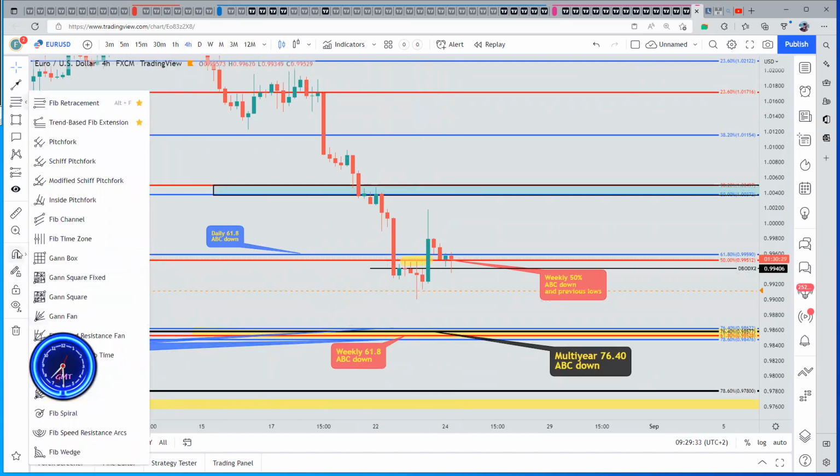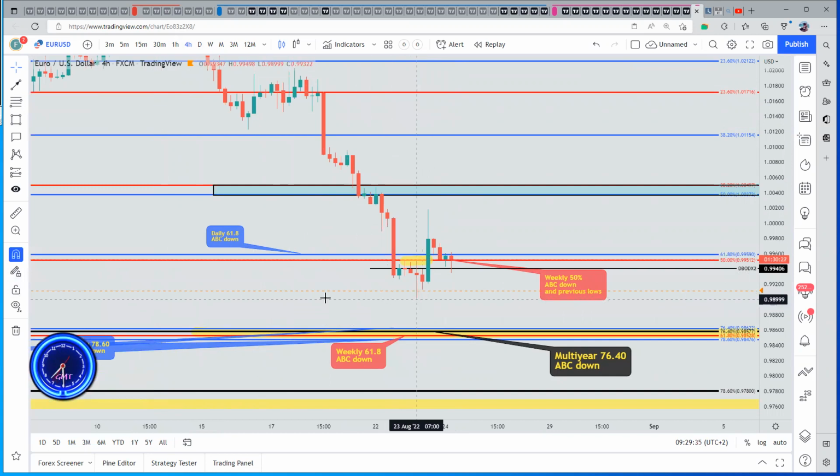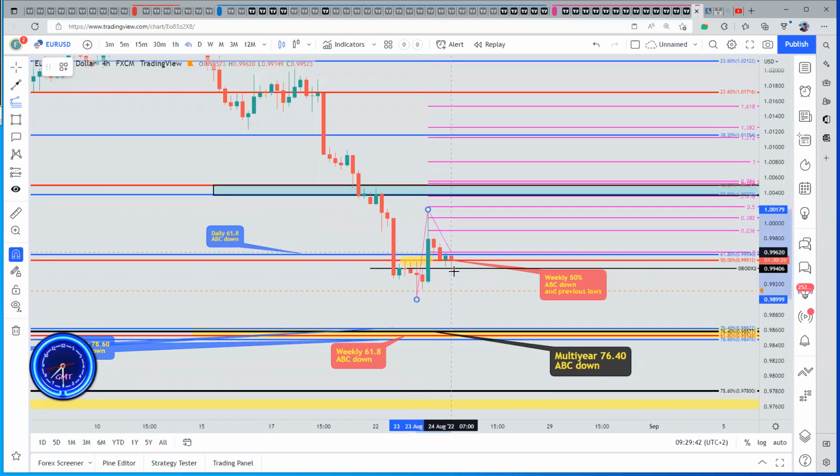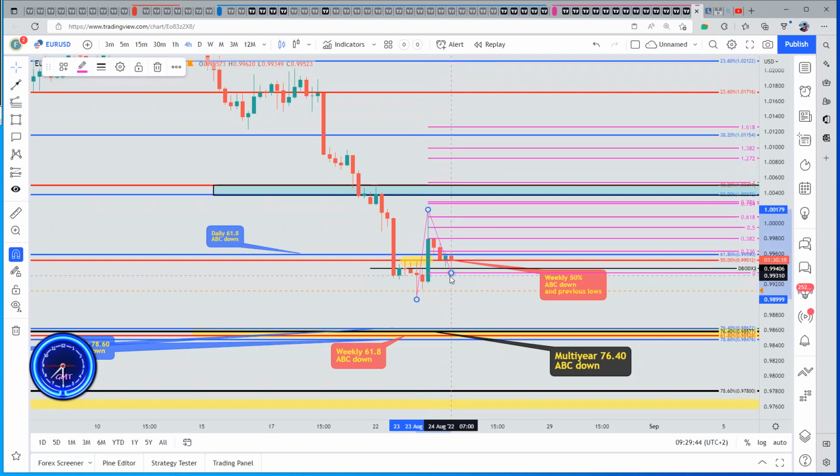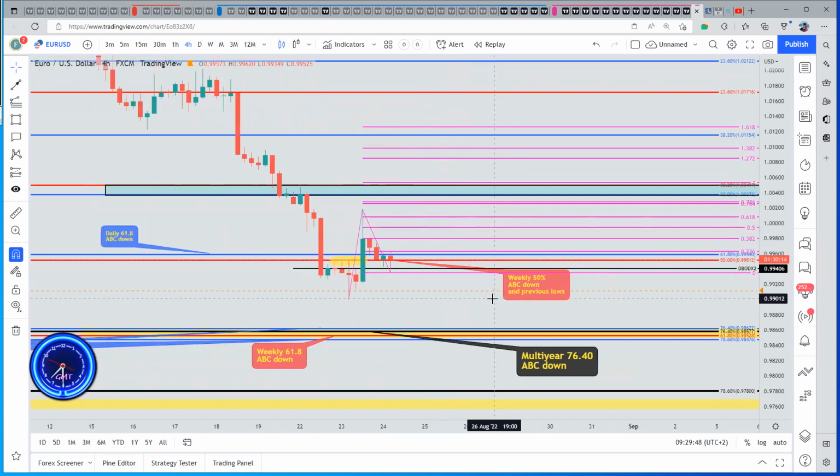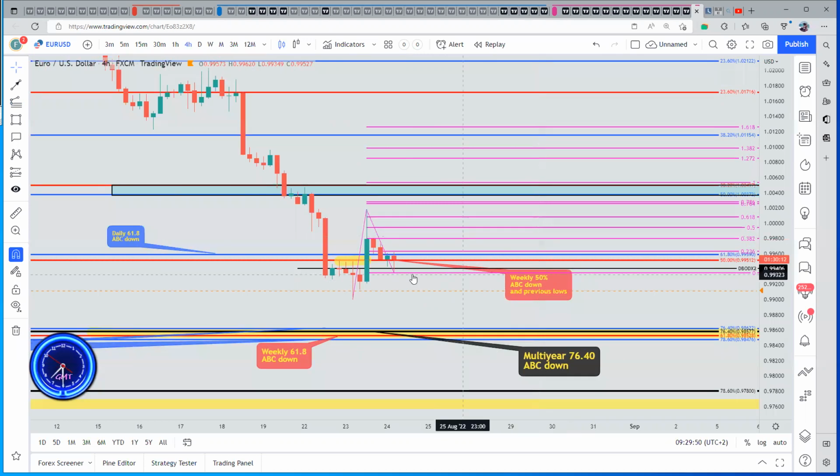Of course, if the low would change, the ABC is no more valid because the low would have changed. So the A, B, C. The C is here for now. If we have new lows, we have a new C. Okay, that's very simple.